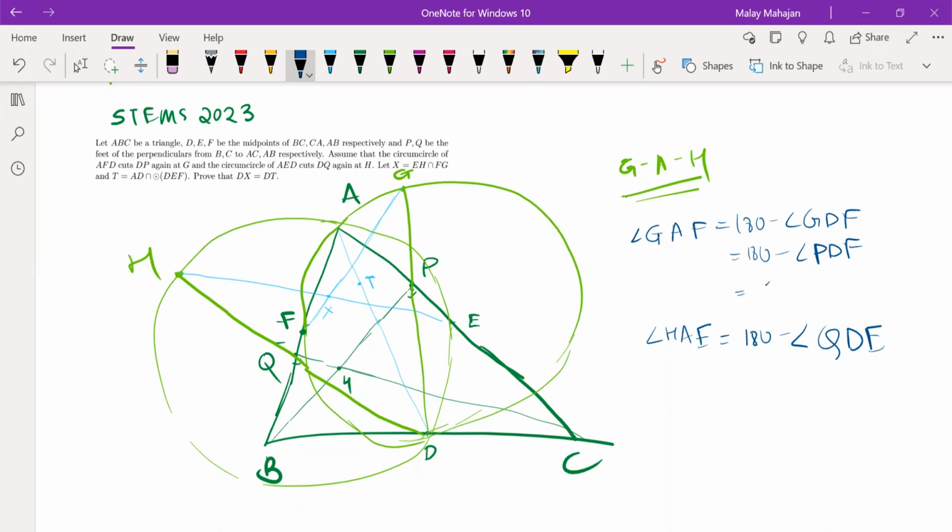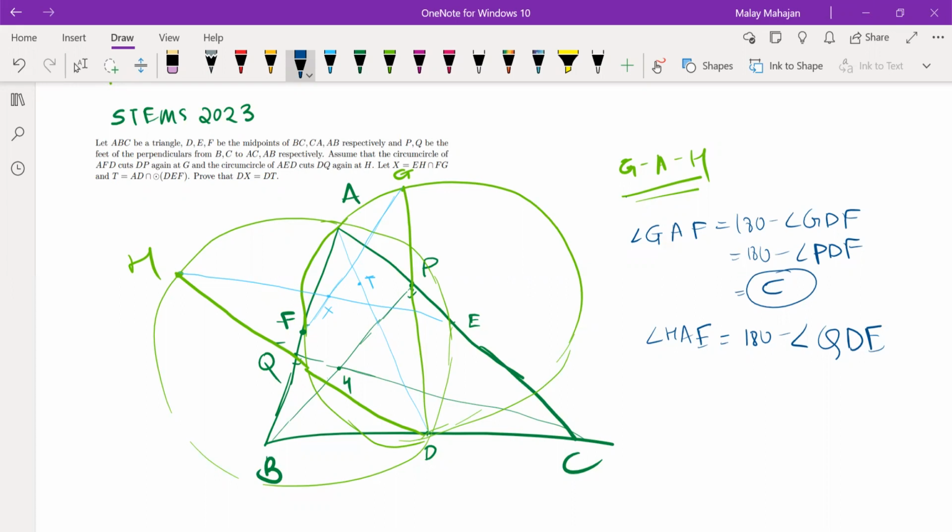So angle PDF is angle DPC, which is angle PCD, which is angle C. So you get GAF is angle C. PDF is computable.